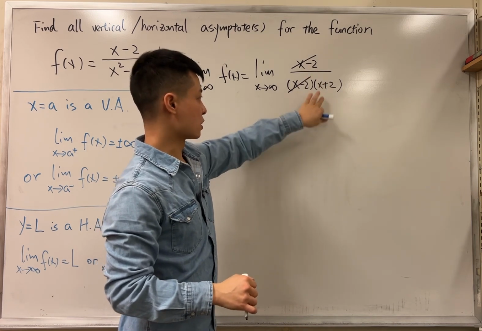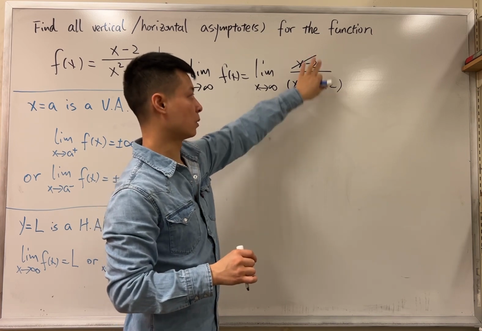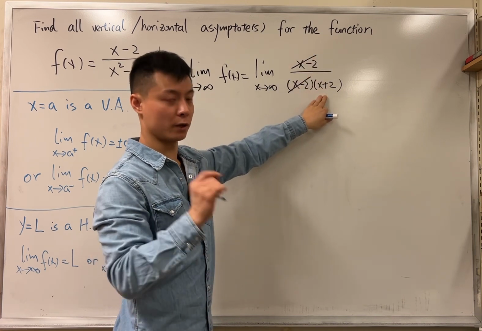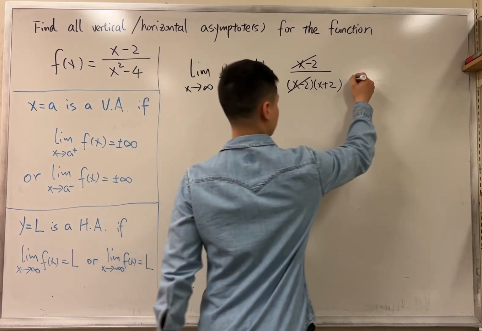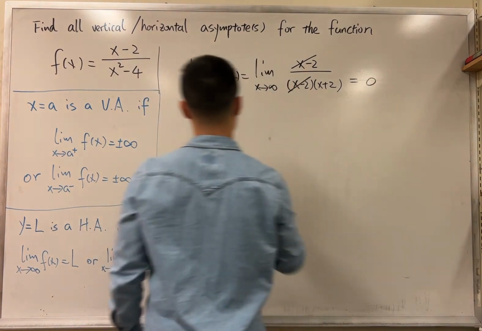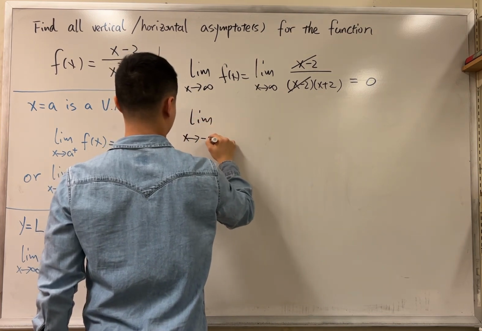So you can imagine the denominator is going to get very, very large, and then 1 over this denominator, the fraction, is going to be very, very small, which approaches 0. Okay, 0. And then the same thing is true when you approach negative infinity.